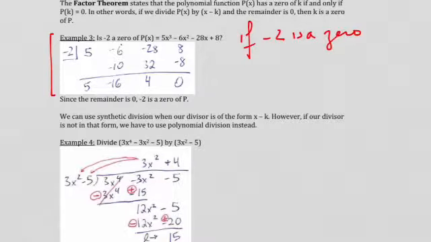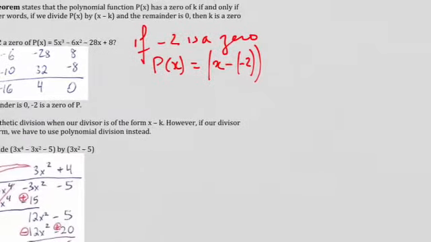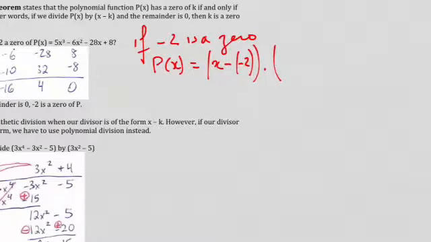That means that P of x can be defined as x minus negative 2 times another parenthesis. Why am I able to say that?